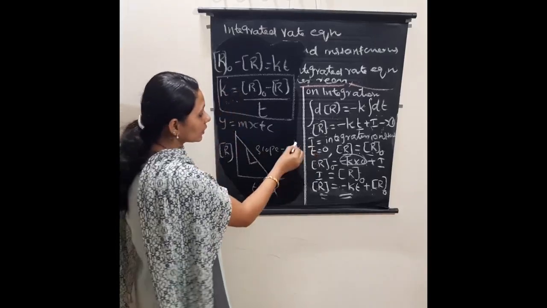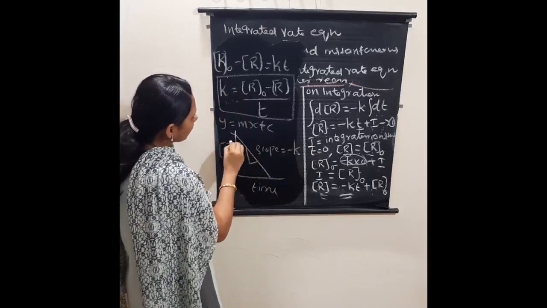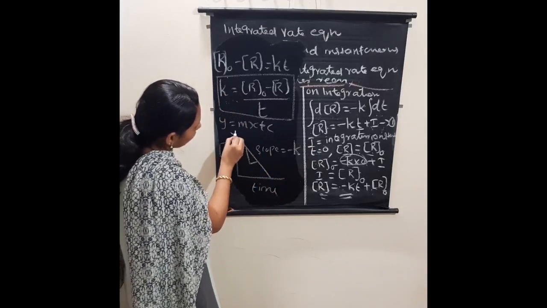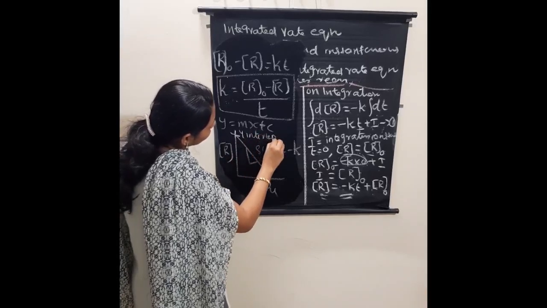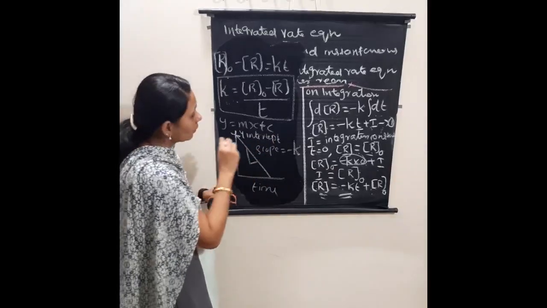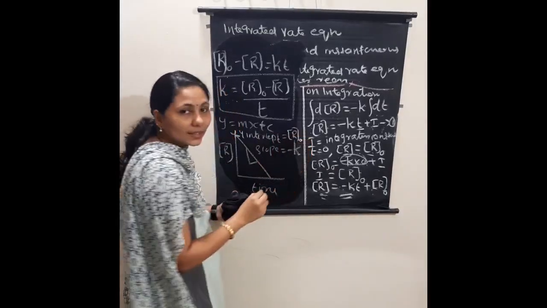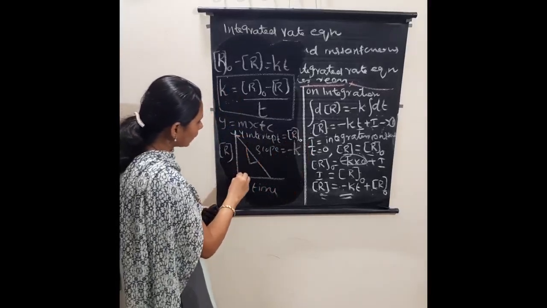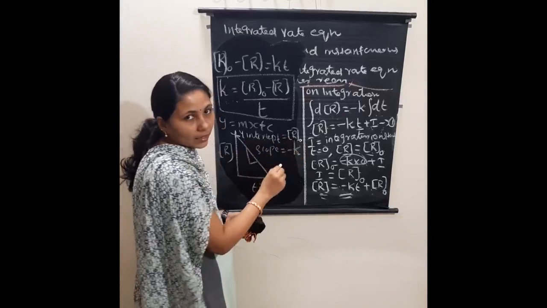Minus k, it is the rate constant, and the y-intercept, extrapolating this to the y-axis, we will get the value of R0.